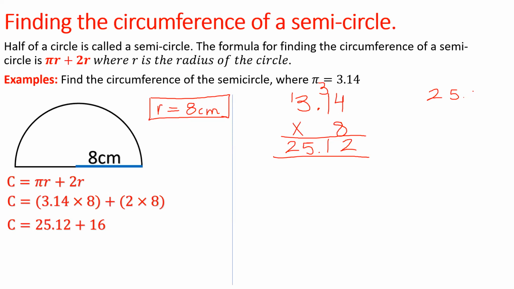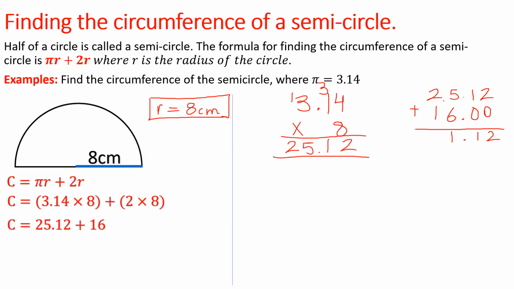So 25.12 plus 16. We put the 16 here in the tens place and the ones place. And then this is going to be 0. 2 plus 0 is 2. 1 plus 0 is 1. Put the point there. 6 plus 5 is 11.